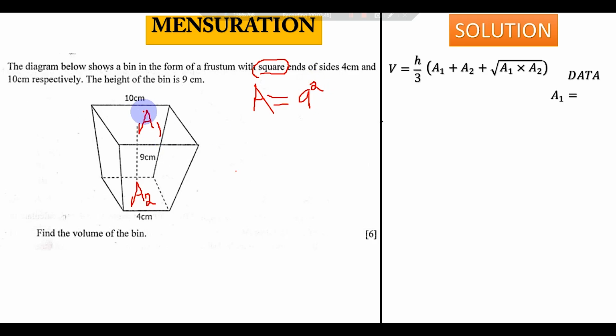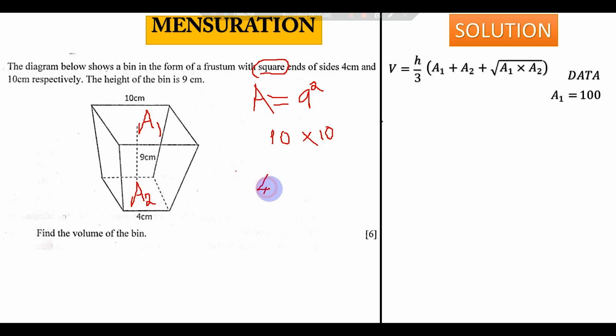So in this case, the area given on the top base, the side given is 10. So just say 10 times 10. That is 10 squared. So 10 times 10 is giving us what? 100. So area 1 is 100. Then area 2, the side given is 4. Again, you do the same.